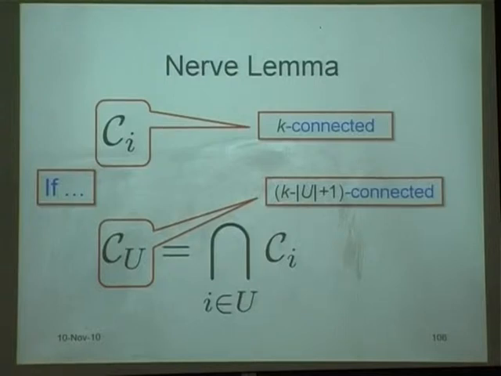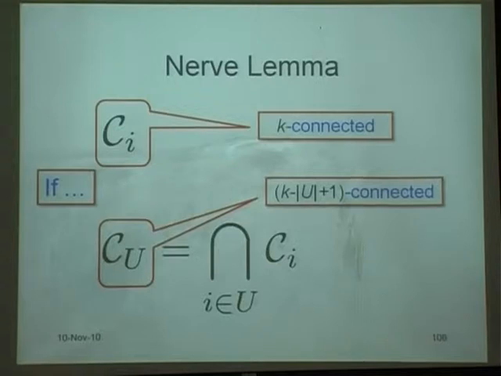Basically, what we do is we look at the cardinality of the intersection and subtract a certain amount for each thing. So the connectivity of the intersections is smaller, and the bigger the number of pieces that are intersected, the smaller the connectivity can be.